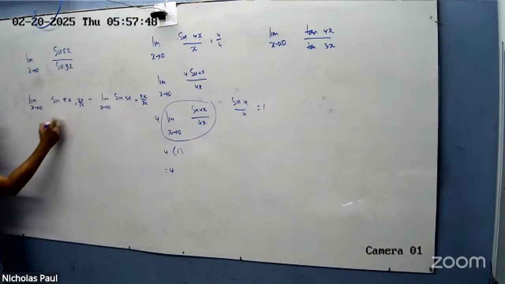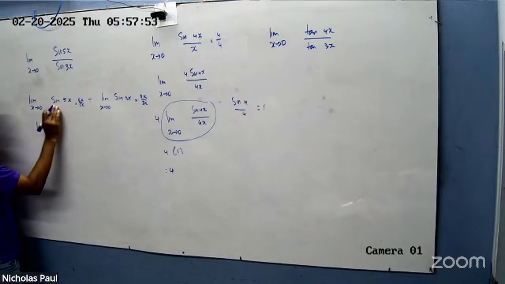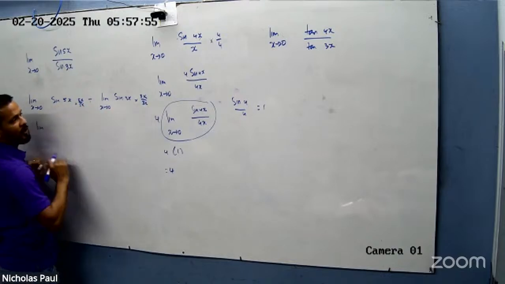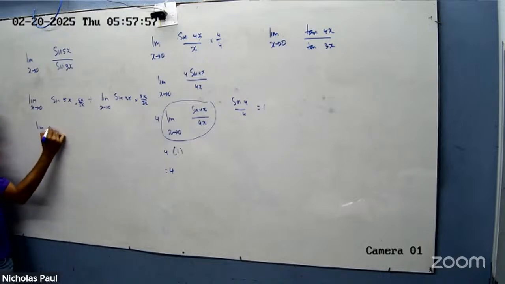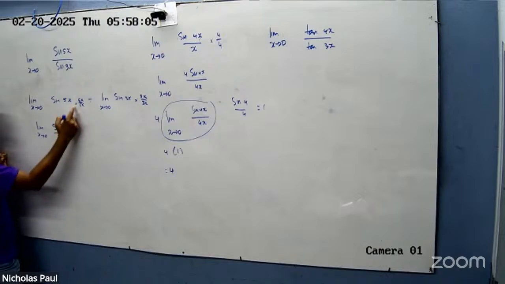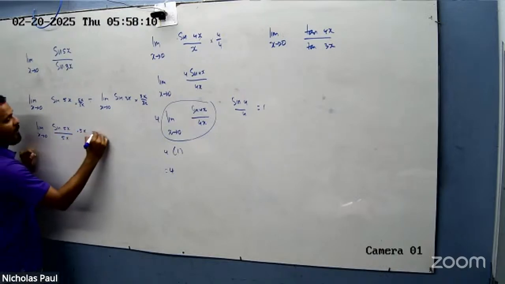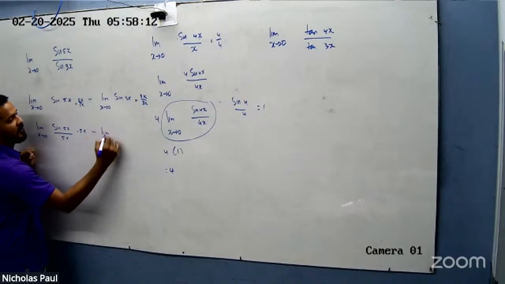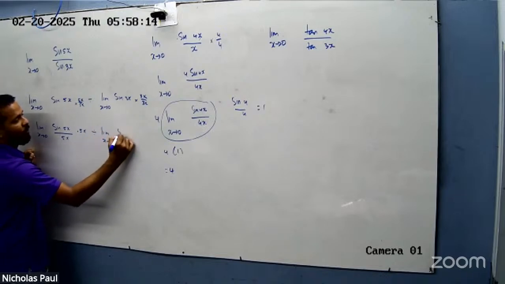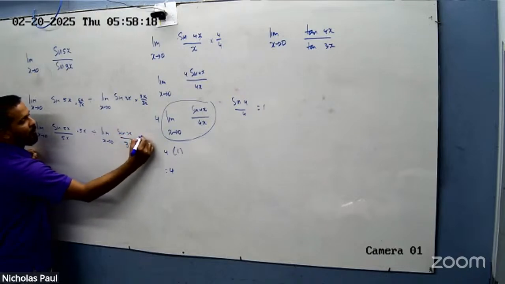Watch out what happened, right? I'll get the limits again. This is 1, so I'm not changing this. This is 1, so I'm not changing this. So I'll get the limit as x approaches 0 of sine 5x all over 5x, multiplied by 5x, divided by the limit as x approaches 0 of sine 3x on 3x multiplied by 3x.